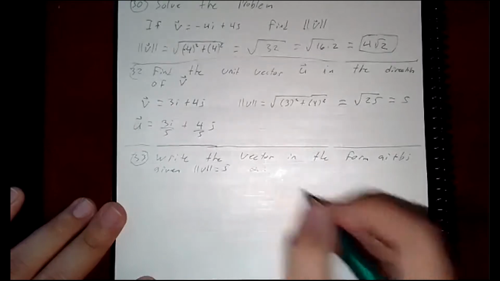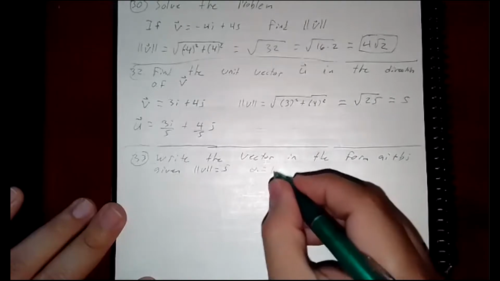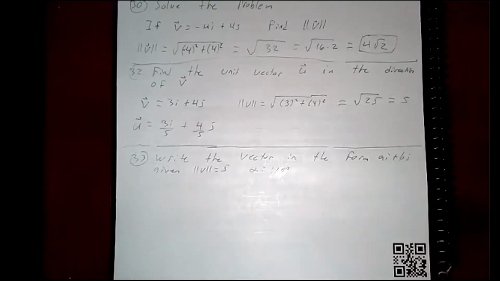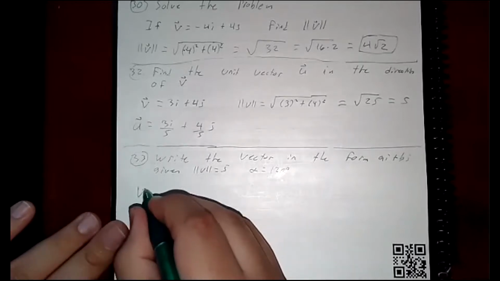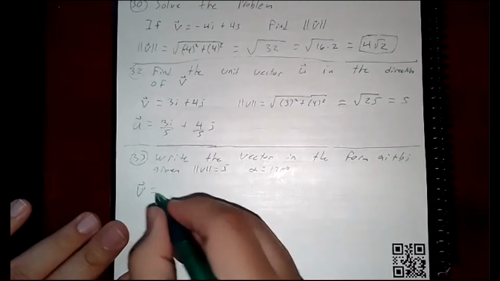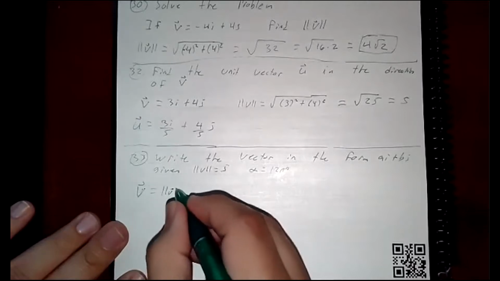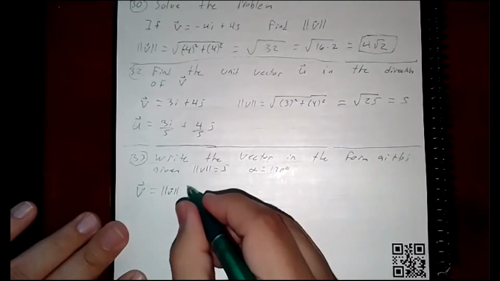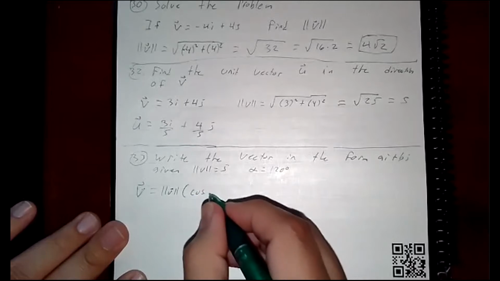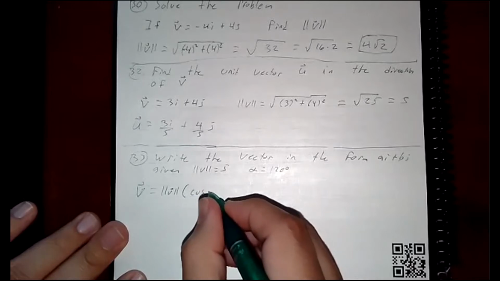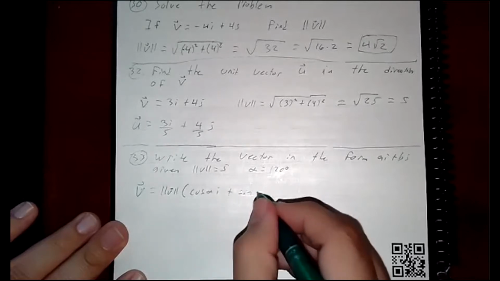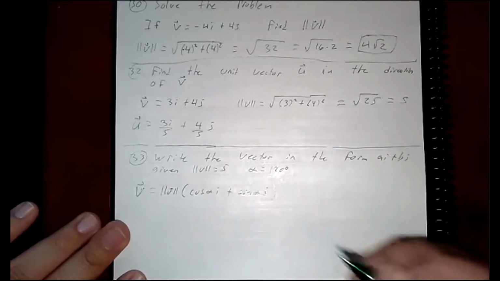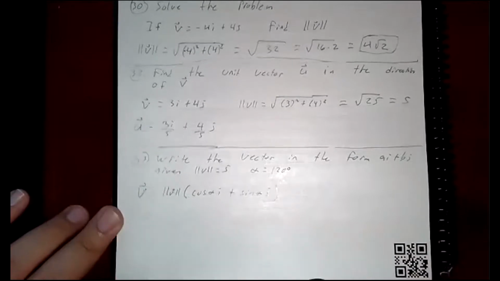Magnitude of v is 5 and alpha is 120 degrees. So we need this formula here. The vector v is equal to the magnitude of v times cosine alpha times i plus sine alpha j. So just plug it in and you're done.